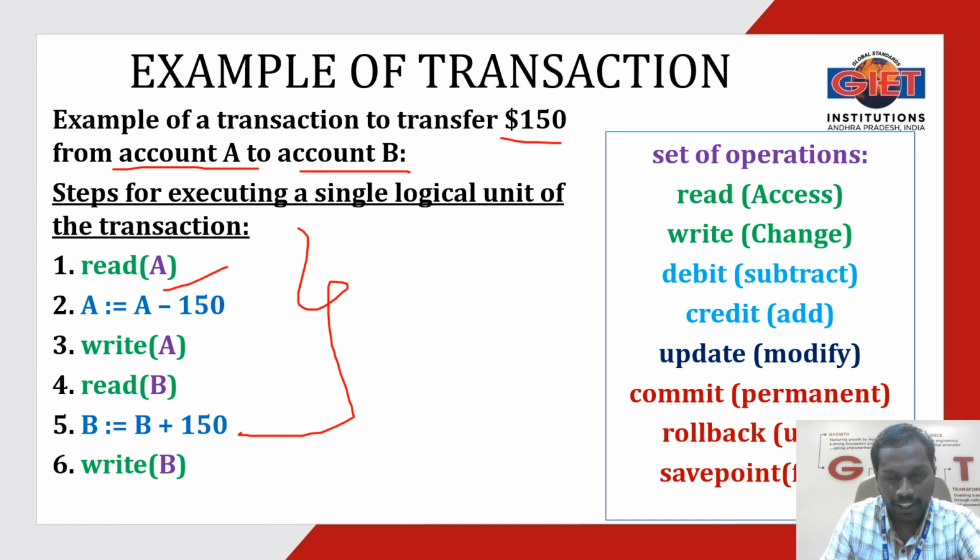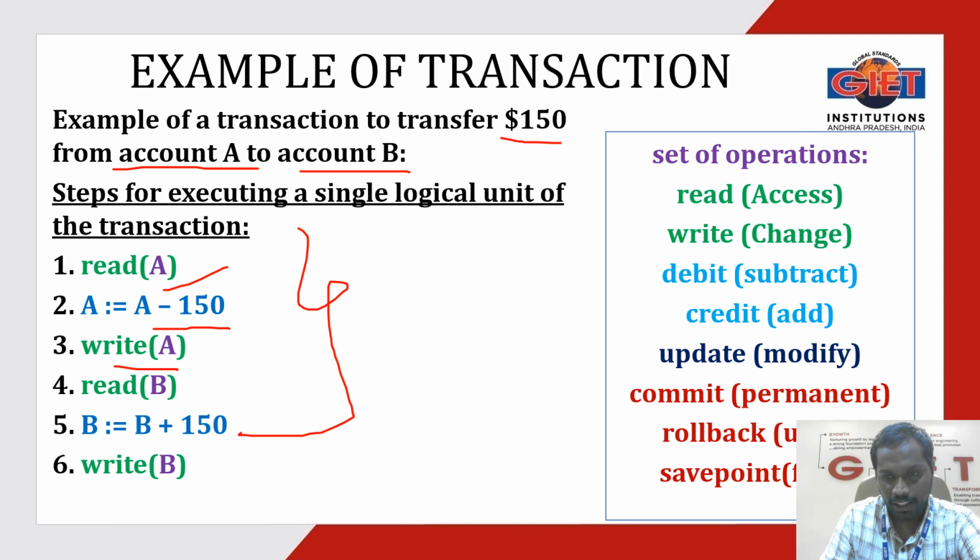The first one is read of A. You read account A and subtract or debit 150 from account A, and then update it. That is the write operation you perform on account A.